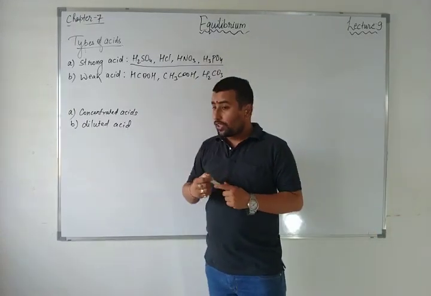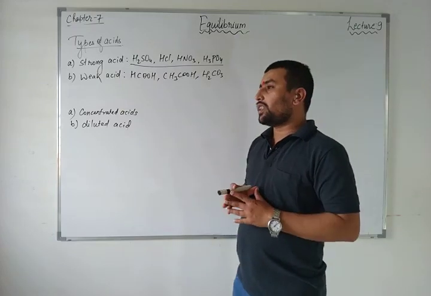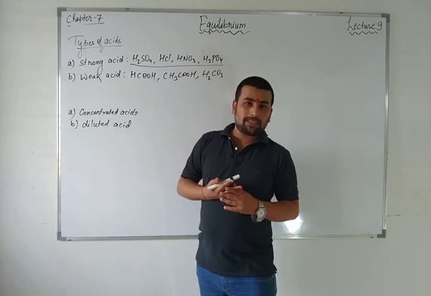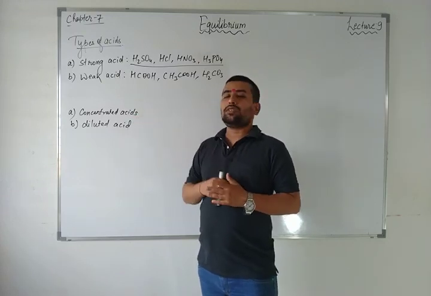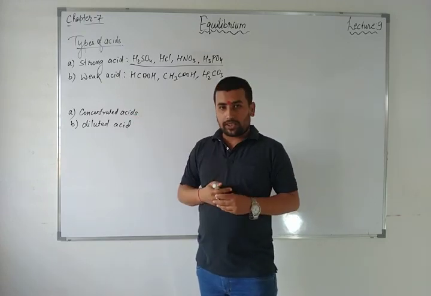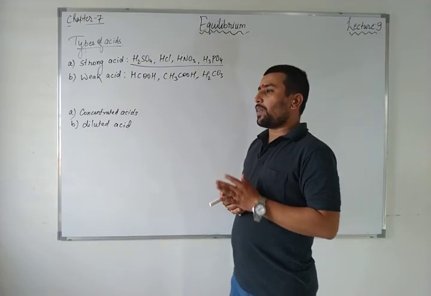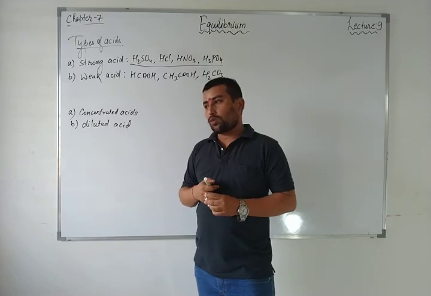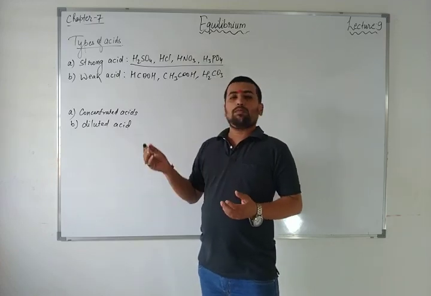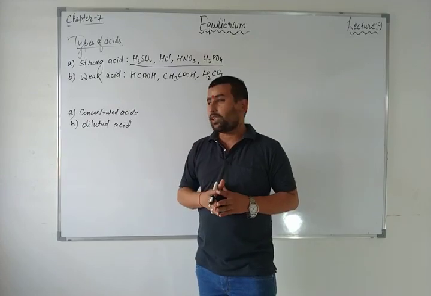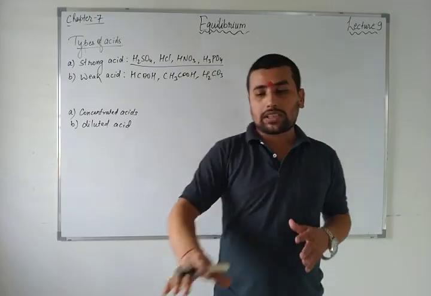Concentrated means the solute amount is maximum and the solvent amount is minimum. When the solvent amount is maximum, especially a solvent like water, and we mix more and more water into the concentrated acid, it will convert into a diluted acid. These are things we do not have to understand right now.